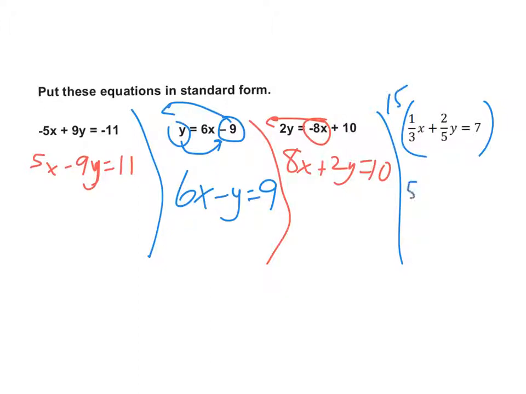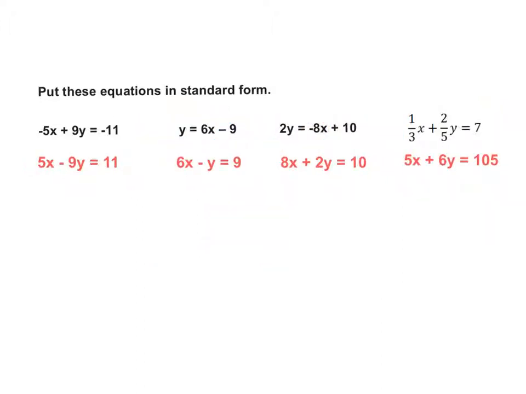So I get 5x plus 6y equals 105. How many had that? Very good. So there are your 4 equations now in standard form. That is something you're going to have to do in your homework today. Questions so far? Pretty easy, I'm not gonna lie.